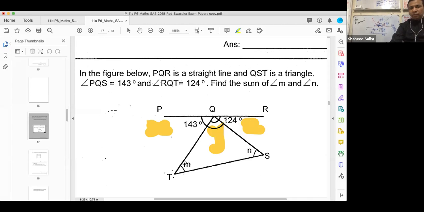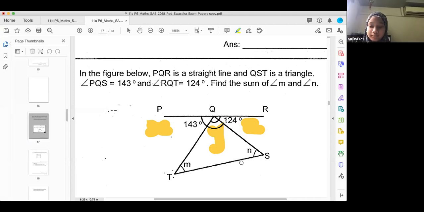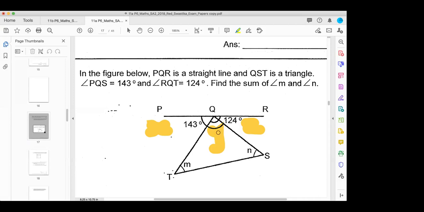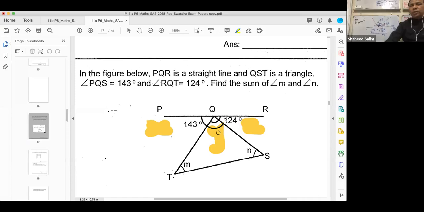Triangle: Y plus M plus N is 180. So take 180 minus Y, you get M and N. So what is angle Y? Anyone? 87. Okay. So we do the same thing.